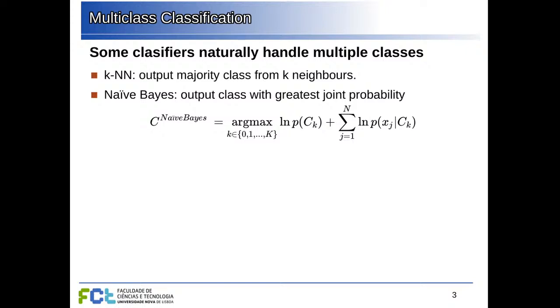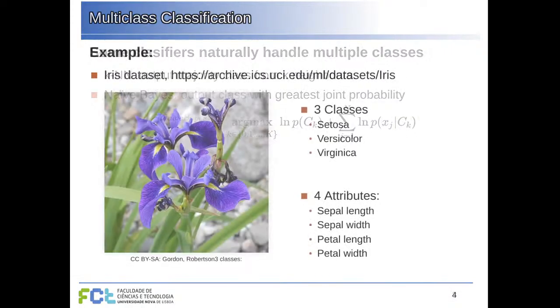You also implemented the naive Bayes classifier, and as you can see, we classify each example into the class that maximizes these probabilities. So the prior probability of belonging to the class, and then the sum of the logarithms of all the conditional probabilities of having those values in each feature if it belongs to the class. This is trivial to extend to any number of classes because we just compute this for every class and simply pick the one with the largest value.